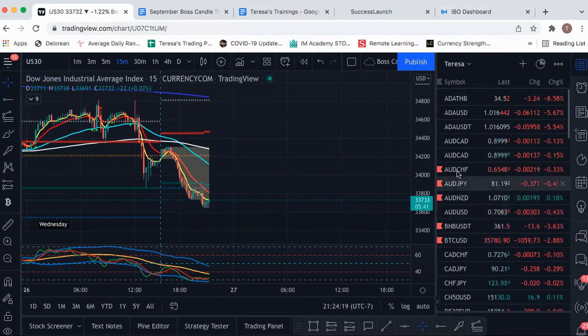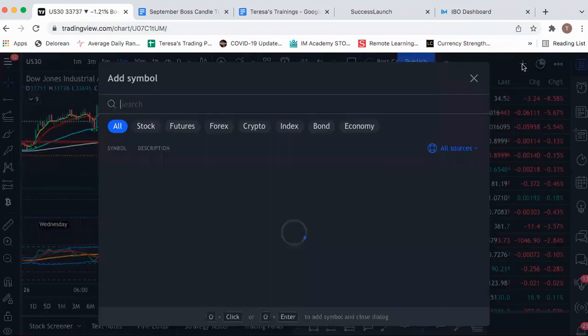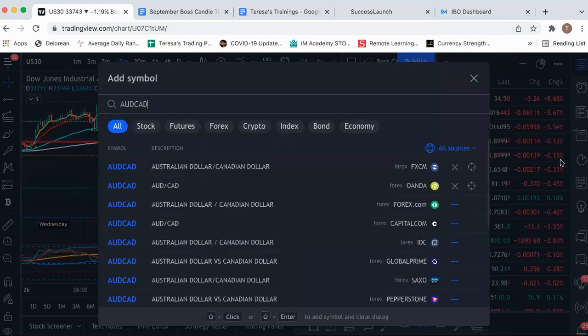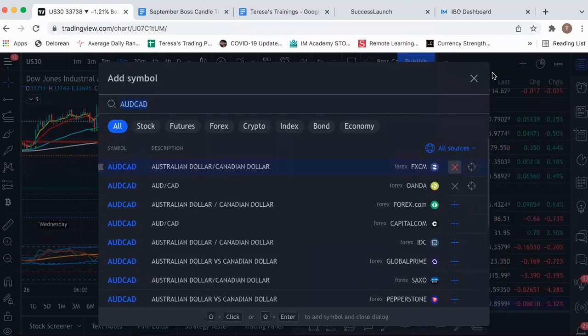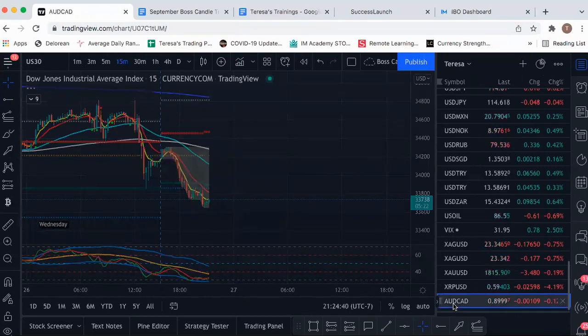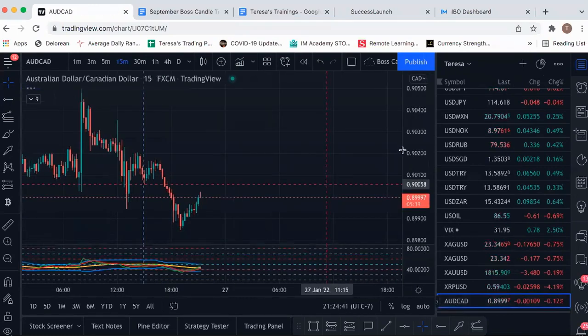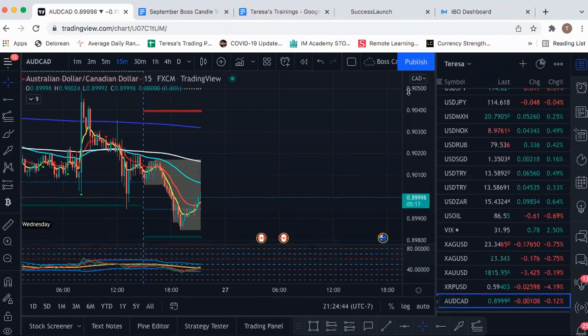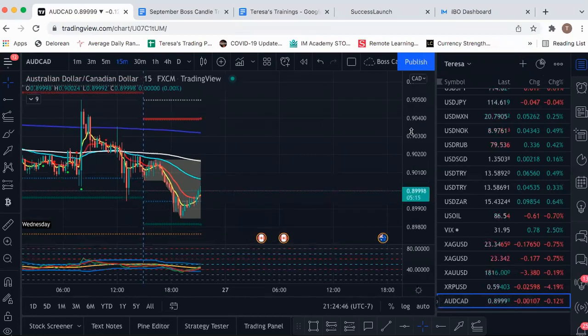Okay, so if everyone can look at your own broker and find your pricing on AUD CAD, and when you are on AUD CAD, I want you to drop your price on AUD CAD into the chat.